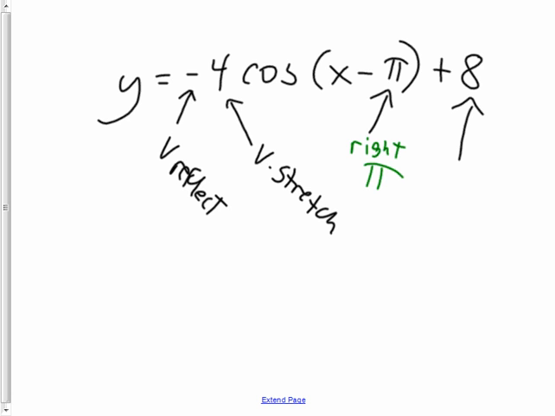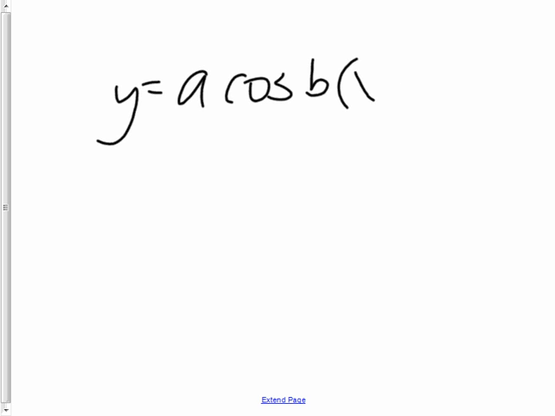Okay, good. Now, we just need a more generic form of this. y equals A cosine of B times (x minus C) plus D. These are the letters we're going to use for this in trig, because it isn't all exactly like it was in higher algebra. It's very similar, though.